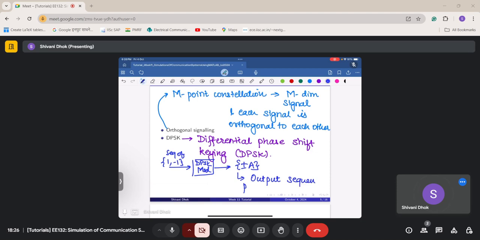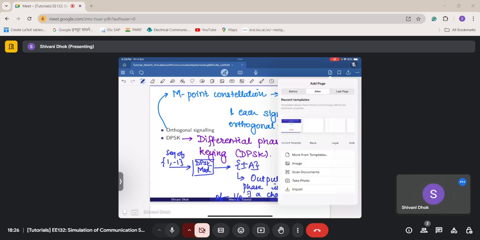In the output sequence, the phase is changed if there is a change in phase of the input.